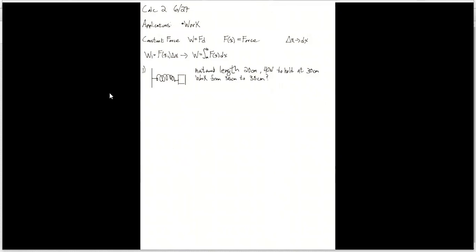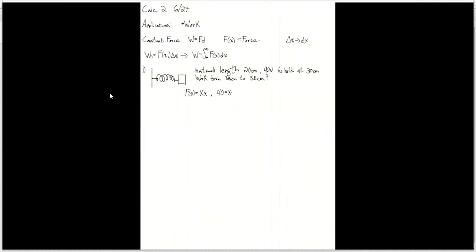Okay, so we know about Hooke's law, and this is basically saying that f of x is going to be equal to some parameter k times x, the displacement, right? What we know from the problem is that the force is 40 newtons, and this has to be equal to k times this 30 centimeters.